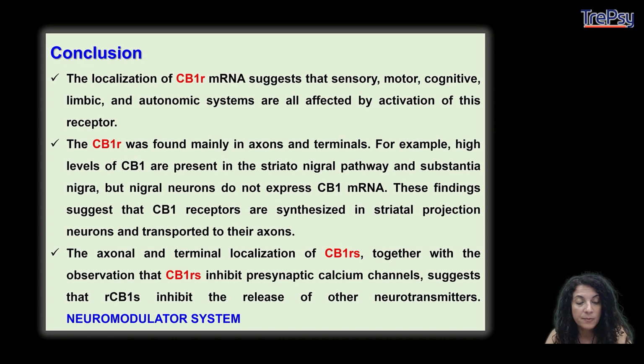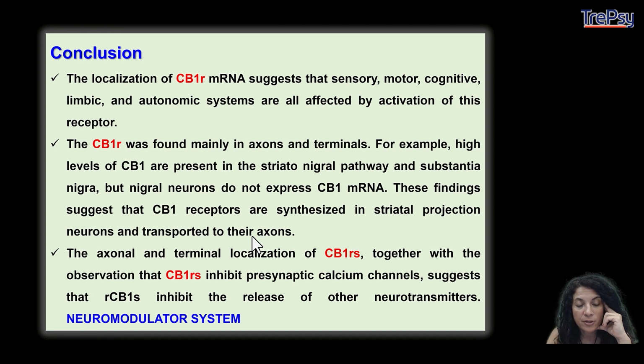For example, high levels of CB1 receptor are present in the stratonigral pathway and substantia nigra, but nigral neurons do not express CB1 mRNA. This finding suggests that CB1 receptors are synthesized in striatal projection neurons and transported to their axon.